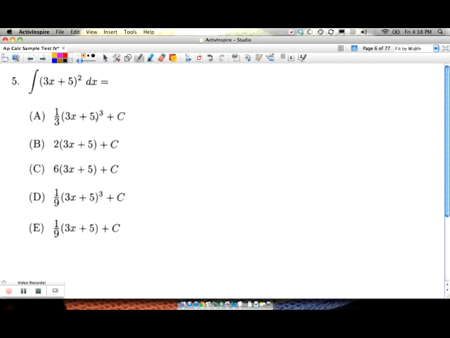Hey, that's pretty awesome. This is an easy one. Okay, first of all, I'm going to do it wrong. I want you guys to see if you watch and can see how I'm doing it wrong. So when I take the integral of (3x + 5) squared dx, red is wrong. Don't copy this down. This is wrong.